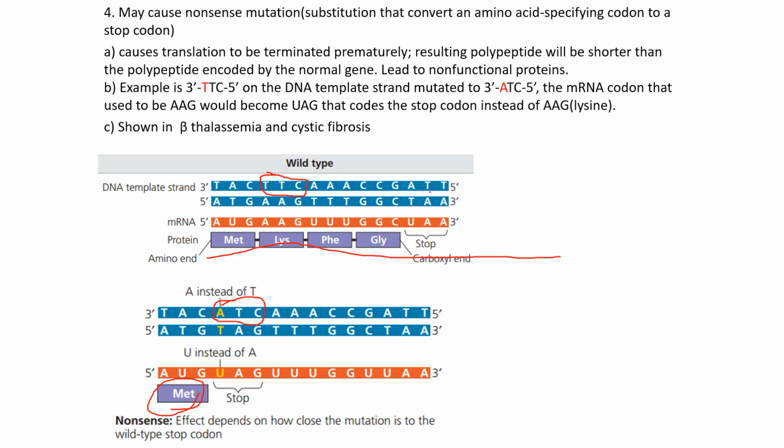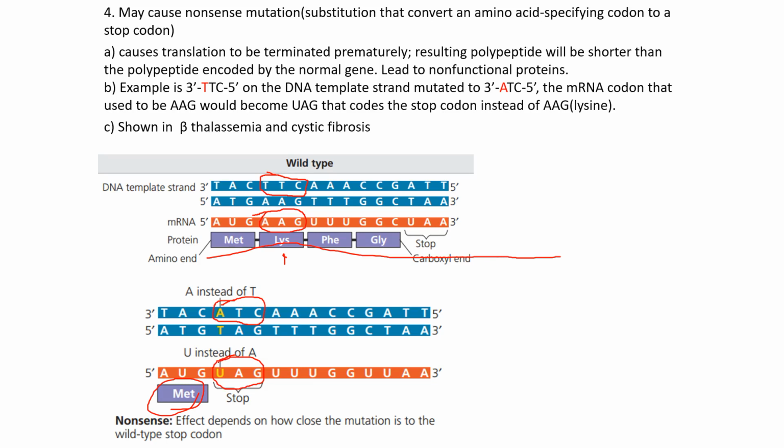The mRNA codon that used to be AAG, which codes for lysine, becomes UAG, which codes for the stop codon.